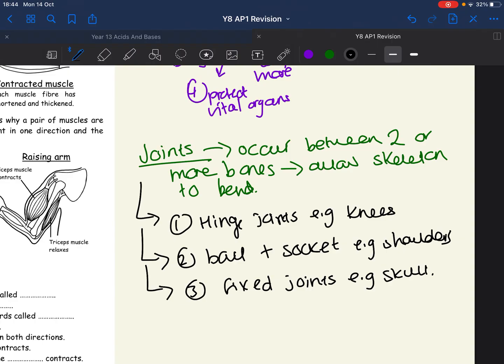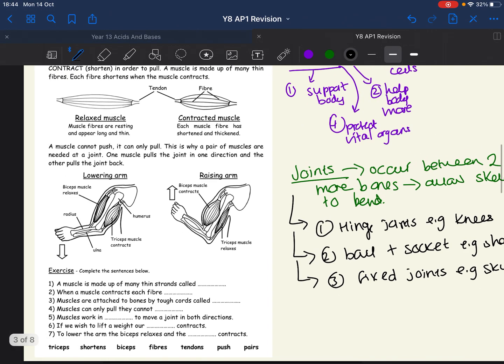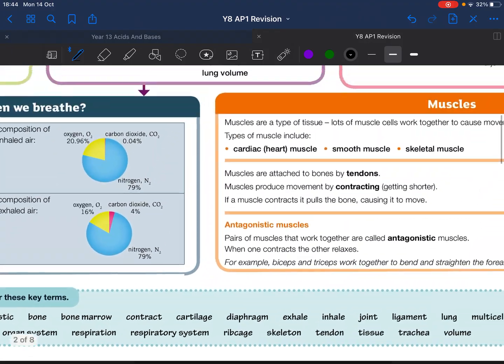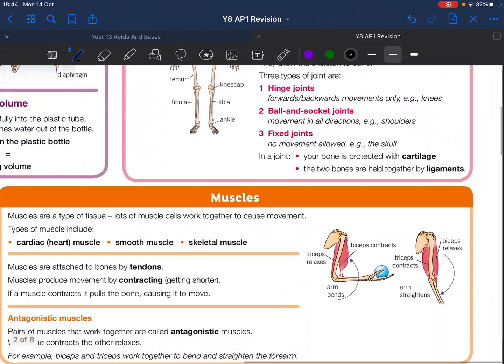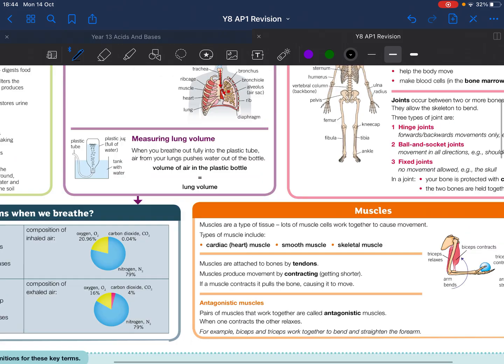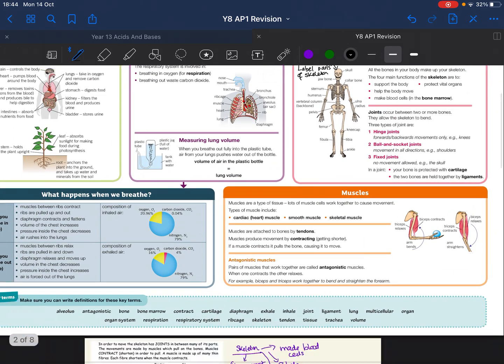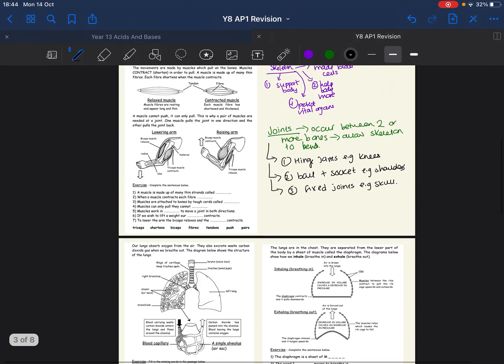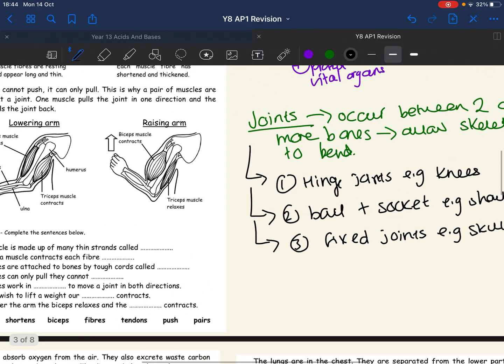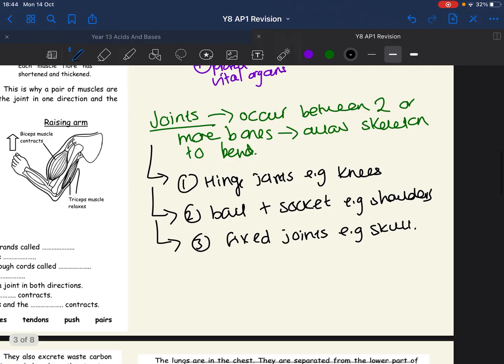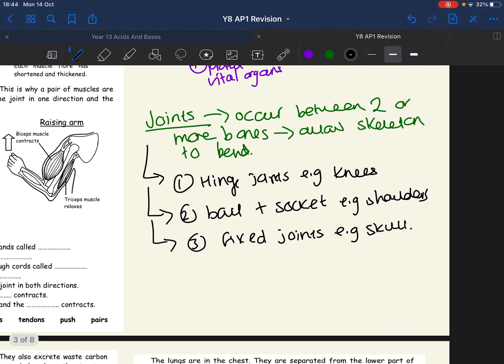In a joint, your bone is protected with cartilage. If we look at an example of a joint, I don't have one here, so I'll just draw one. Let's say we've got two bones here.